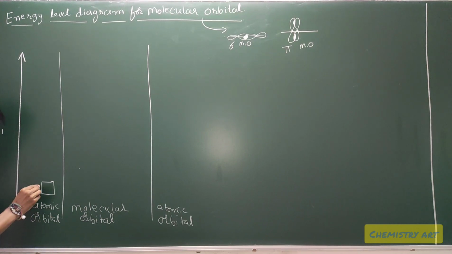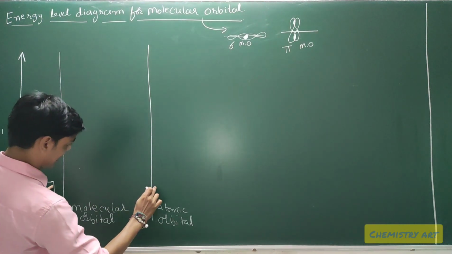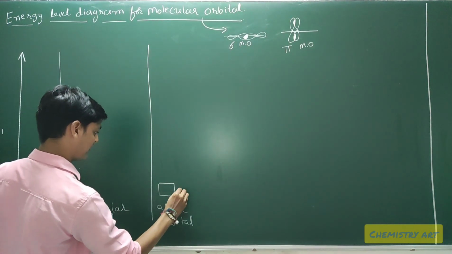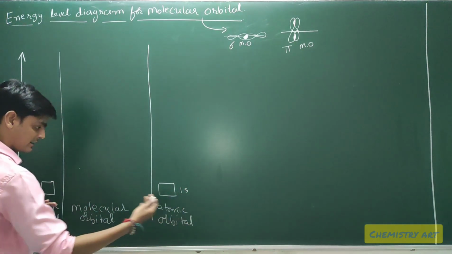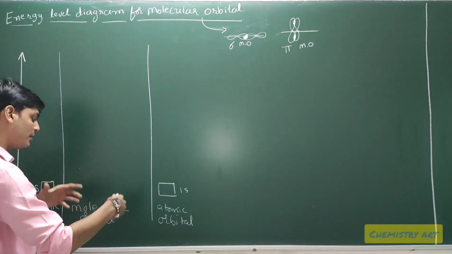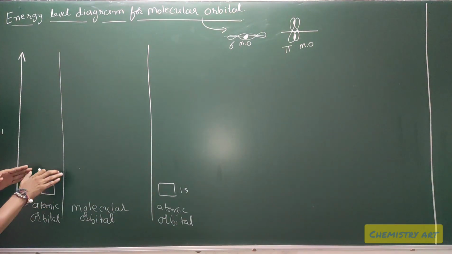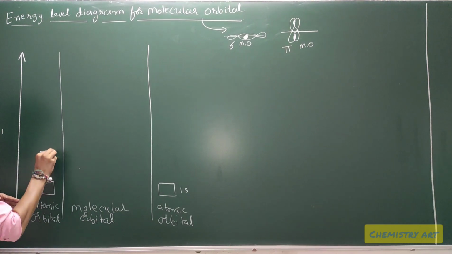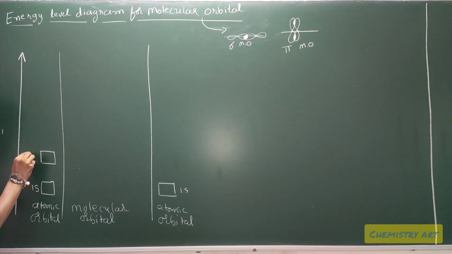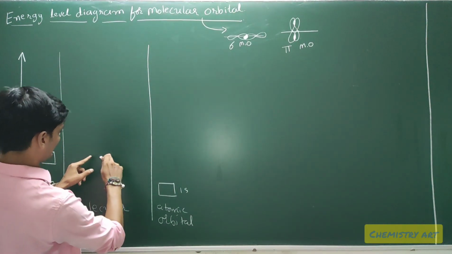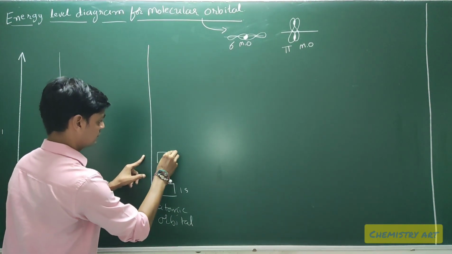So this is the 1s orbital, and at exactly the same level we have the 1s orbital of the other atom, because we are discussing two atoms whose atomic orbitals combine and form a molecular orbital. Then after 1s comes 2s, which I can show here, and at the same level we draw the other atom's 2s.